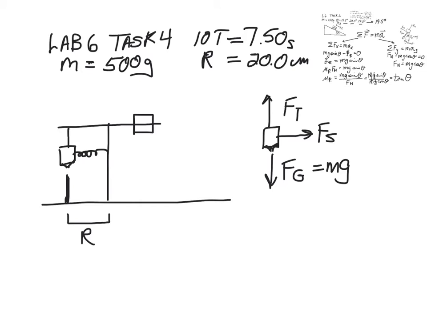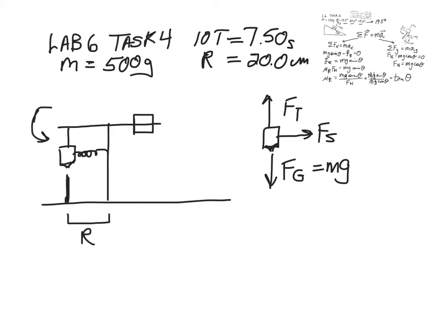We measured the radius from the center of the pointer to the center of the axis, because when the thing is spinning you can't move it. I might show the spinning with an arrow like that. I'm taking a photograph when the mass is at this position because it's going around.